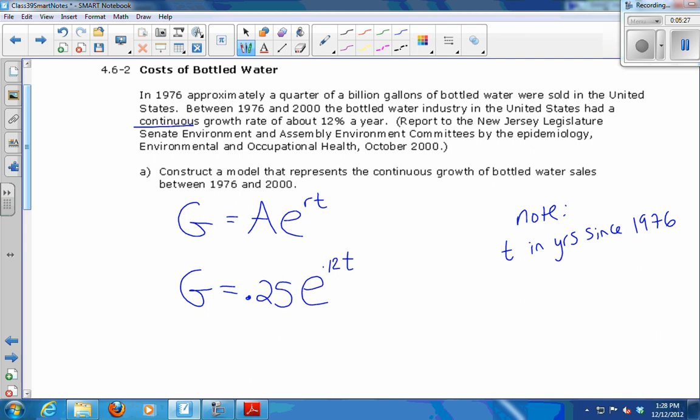So t is measured in years since 1976, and g is measured in billions of gallons of water. So there's my model. I decided to use billions instead of millions, because you said it's 250 million, which is correct, but because it's growing, I decided to go with billions because it'll probably get into the billions soon.